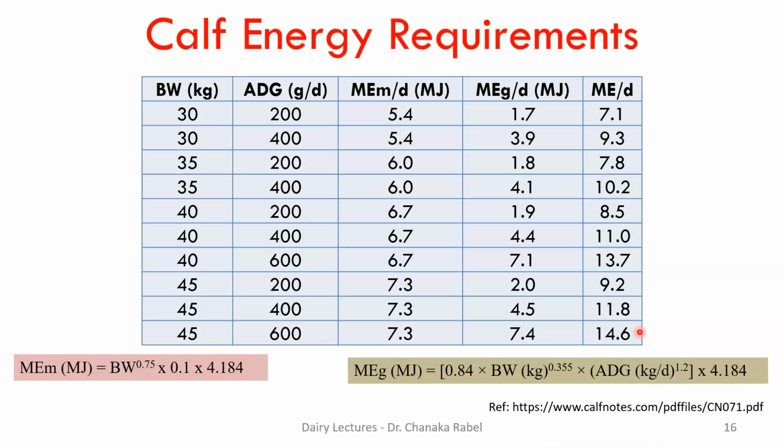At 2 weeks, a smaller proportion will get absorbed. I'm just giving numbers, right? Let's say out of the 20 megajoules of gross energy, only 8 gets absorbed, so metabolizable energy is 40% now.